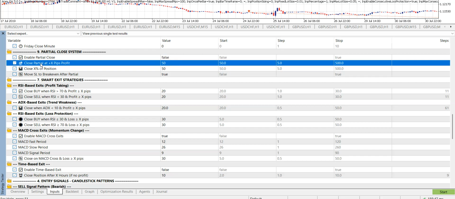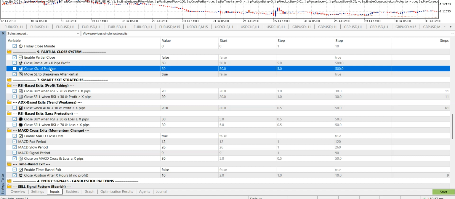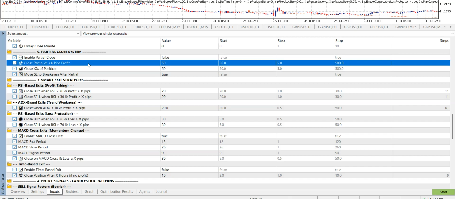And you can use the partial close at X pips profit, or close X% of the position. Sorry, I am talking too fast. So close X% of the position at X pips of profit.